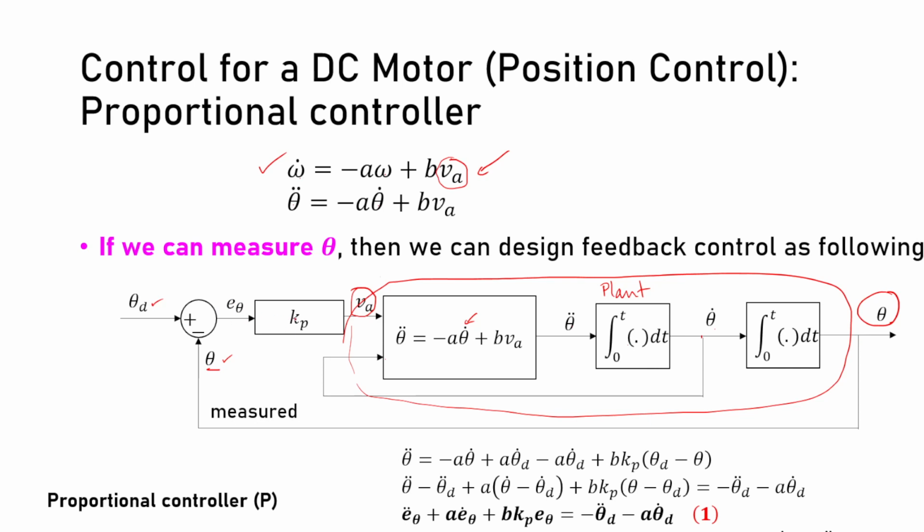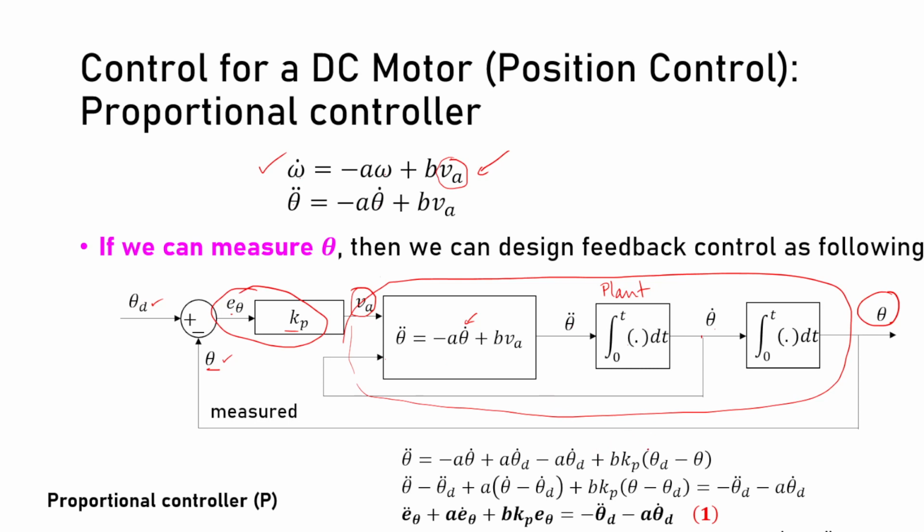From this, you design a controller which is called a proportional controller, computed by the multiplication between the error and a constant Kp. So the supply voltage is calculated from the multiplication of these two terms, right? Then you can write the differential equation with the input as theta d, your desired angle.